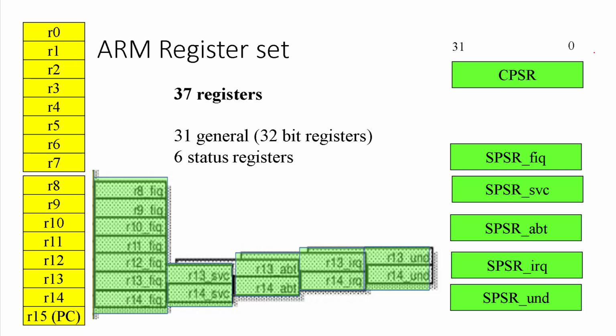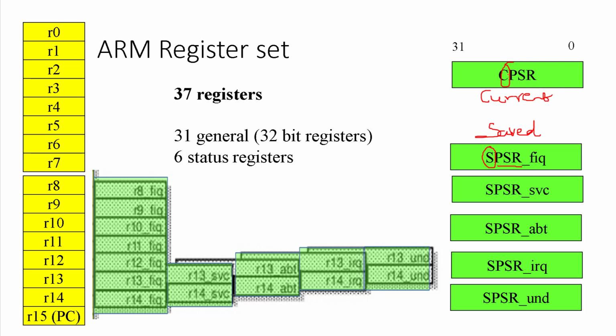One is called the current program status register, where this C represents current, and this is also a program status register, where this S represents saved program status register. So there are two different program status registers: one is called the current program status register and another one is called the saved program status register.